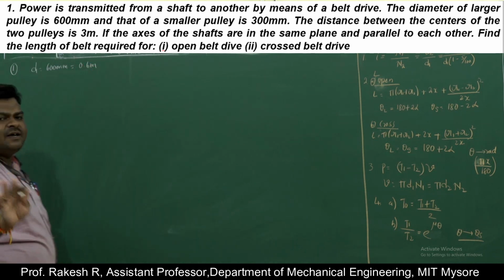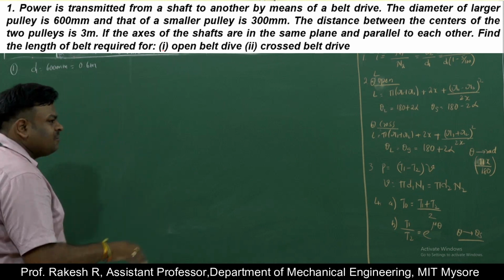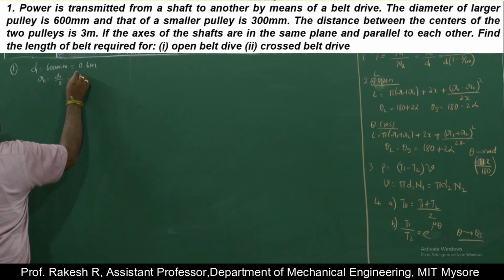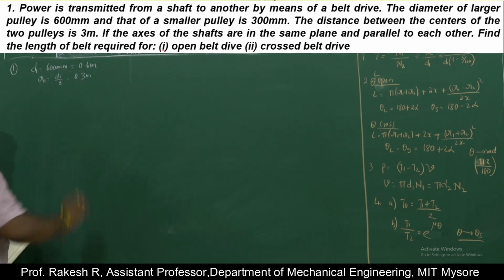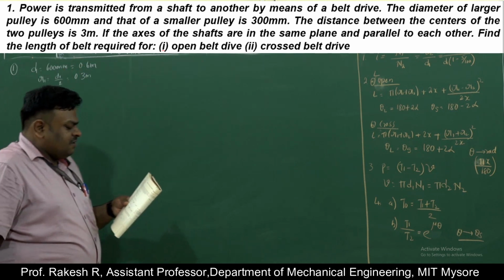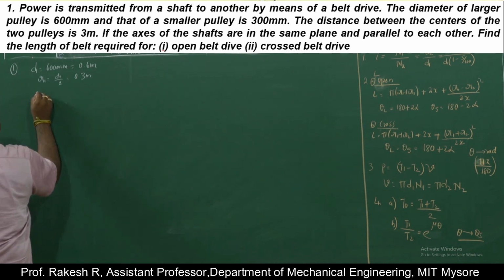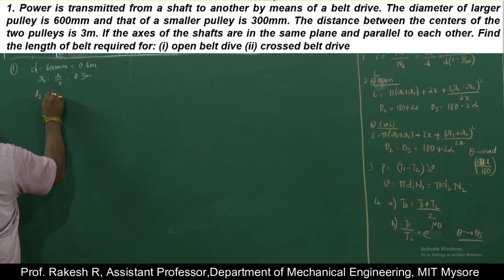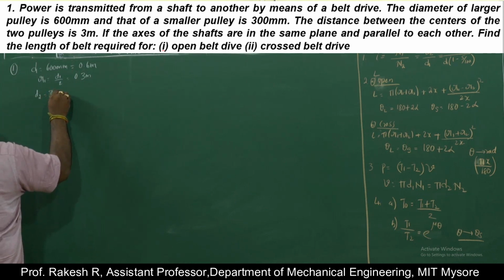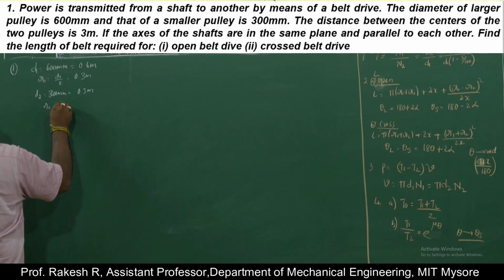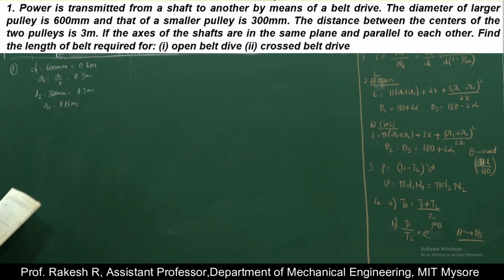I don't want diameter, I want radius. Radius is nothing but diameter by 2, so R1 is 0.3 meter. And that of the smaller pulley is 300 mm. The diameter of the smaller pulley is 300 mm, so 0.3 meter, and R2 is 0.15 meter.